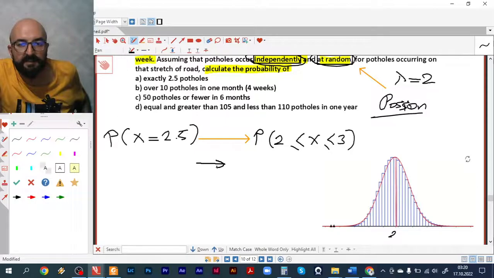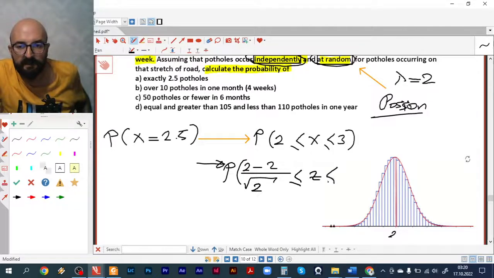The second step, we should convert to the z value: x minus lambda over the square root of lambda.